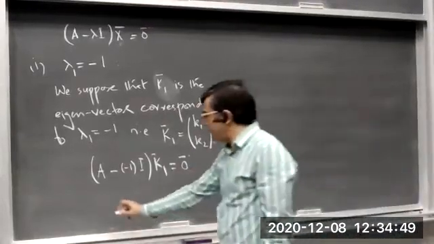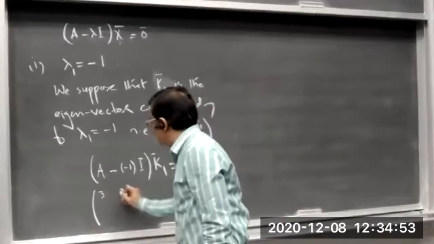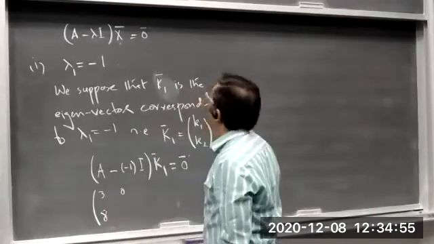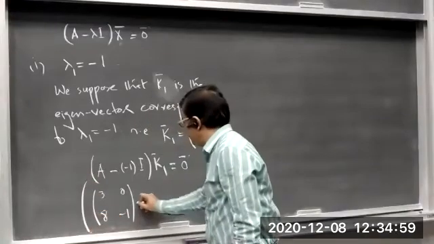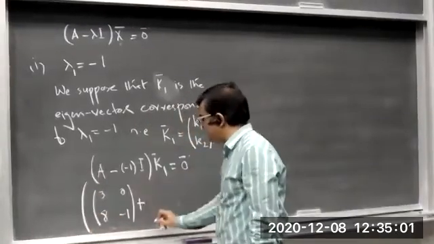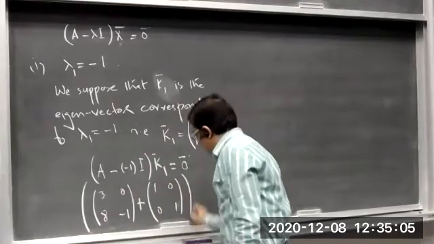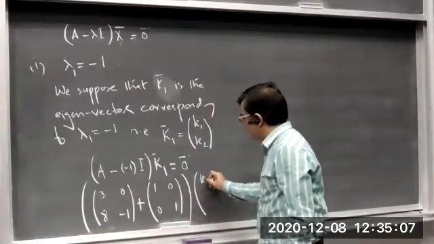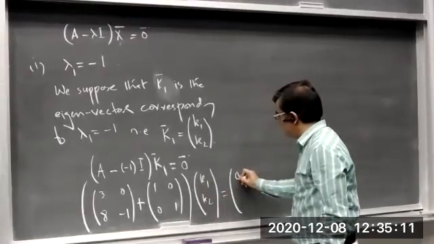After putting the values here, A is [3, 0; 8, -1], plus I, [1, 0; 0, 1]. This whole times (k1, k2) equals (0, 0).